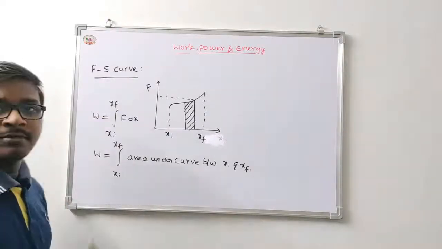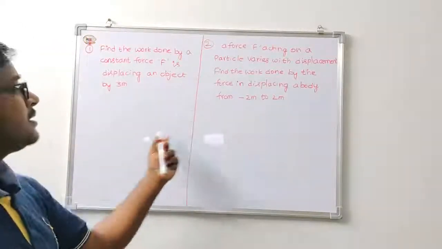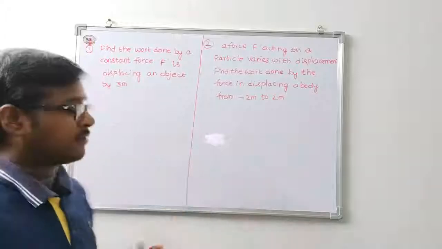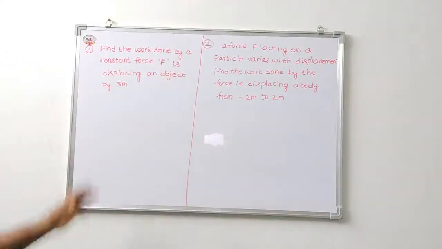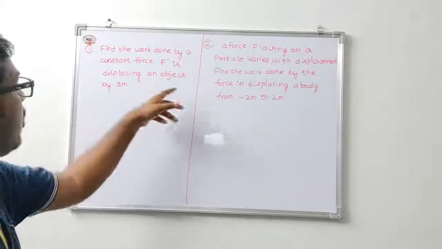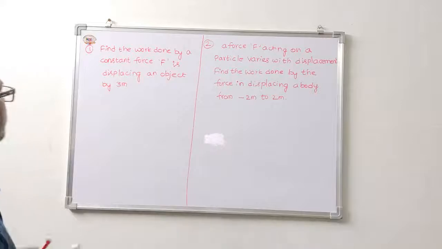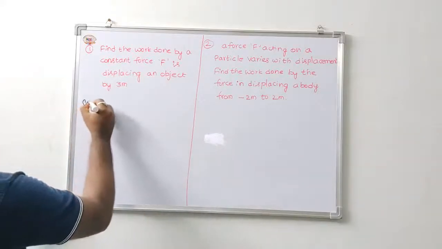Next, students, we discuss two problems based on the force displacement curve. First problem: find the work done by a constant force F displacing an object by 3 meter as shown in the figure. Very simple problem, students.